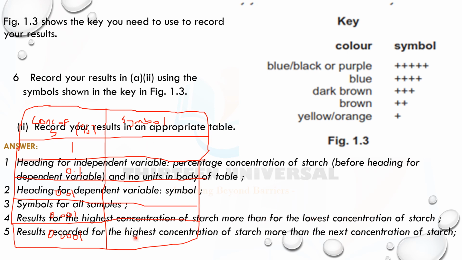Result recorded for the highest concentration of starch more than the next concentration. So guys, you must follow this when you do the practicals. The trend is that the higher the concentration, the more of the symbols.